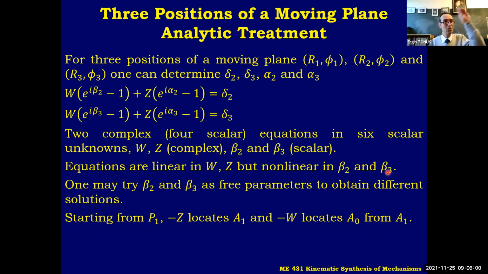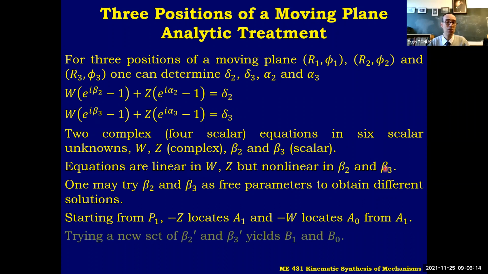It's the same, but the parameters are different, okay? It's not that you go on the plane and change the location of A, but it's the set of beta 2, beta 3 and beta 2 prime, beta 3 prime. So this is what we do, okay?